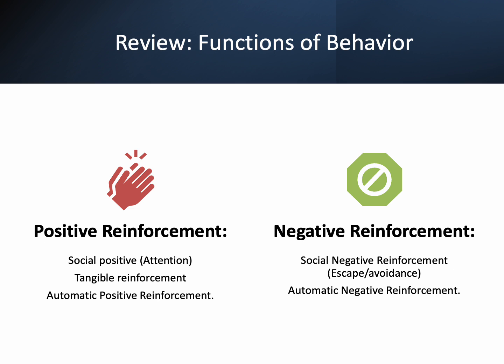Okay, so you will hear some people say the function of the behavior is social positive reinforcement, or you'll hear some other people say the function of the behavior is attention, or to gain access to attention, whether it be from an adult, a peer, whoever it may be. So it's important to know the two different ways that you may hear that referenced.